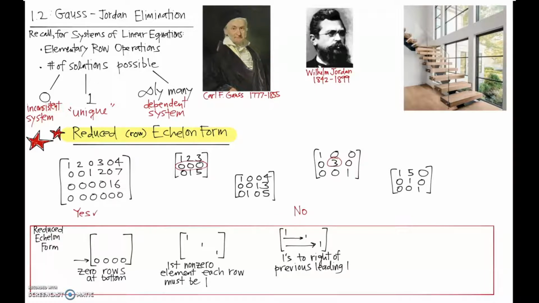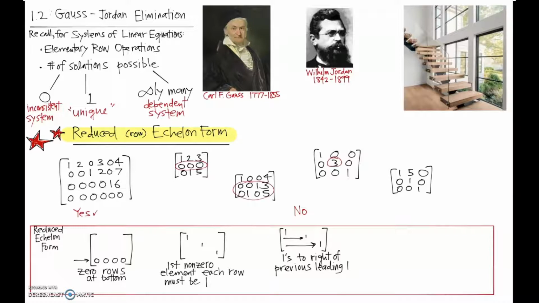The third trait of a reduced echelon form matrix is that we want the ones from row to row to be to the right of the previous leading one. You're going to get this sort of stair-step pattern here. I think there's one guy that disqualifies himself by messing this rule up, and it's, yeah, right here.